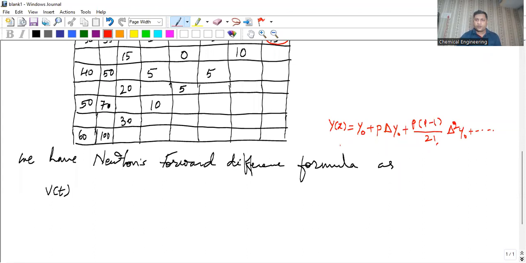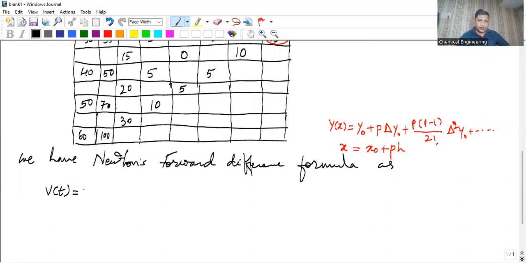We know x is equal to x0 plus ph. That's what the formula is. So here we are considering v, so we have to convert this formula in terms of v and t now.